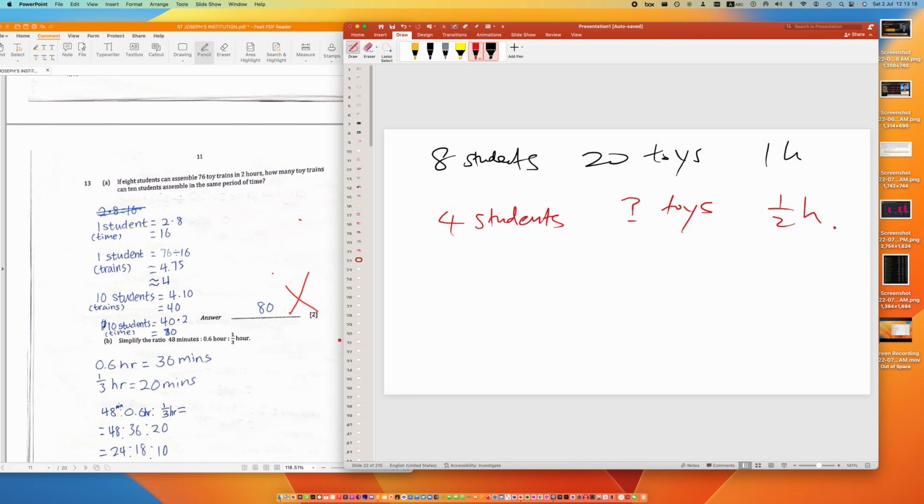You can use your method first, but hopefully you can start to use the proportionality method. The time also changed, divided by 2. So what's the answer? 5. Yes, the answer is 5.